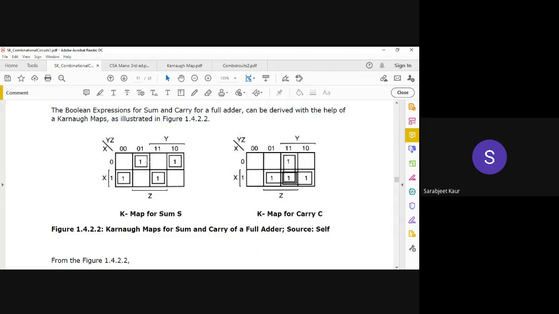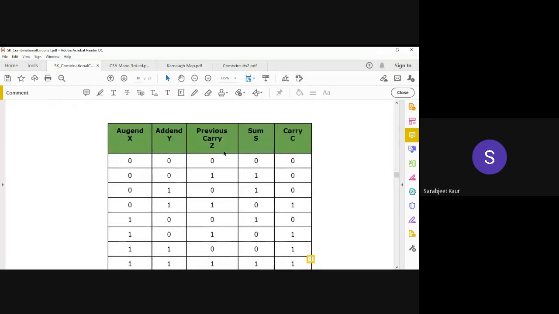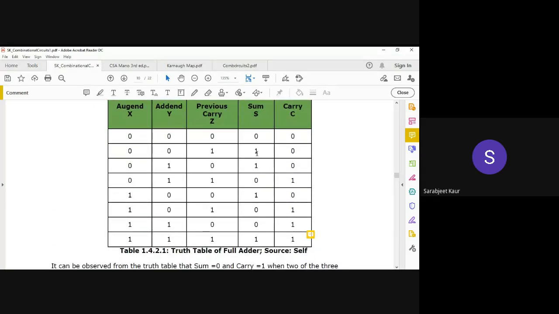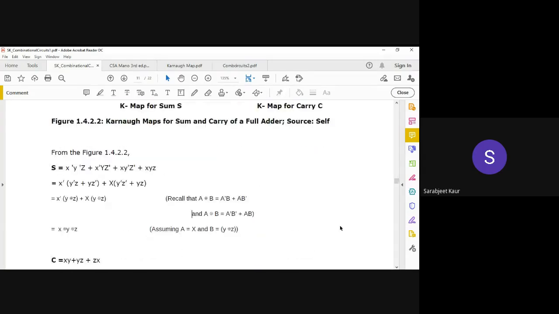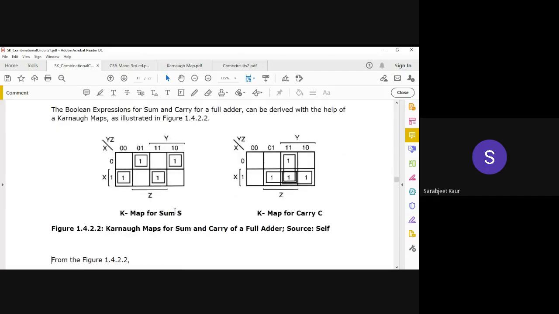So we have plotted these ones, right? Where are we getting ones? Let us see in the sum. In the sum, we are getting a 1 in positions 1, 2, 4, and 7. I put a 1 in these positions. Is there any grouping possible for sum?